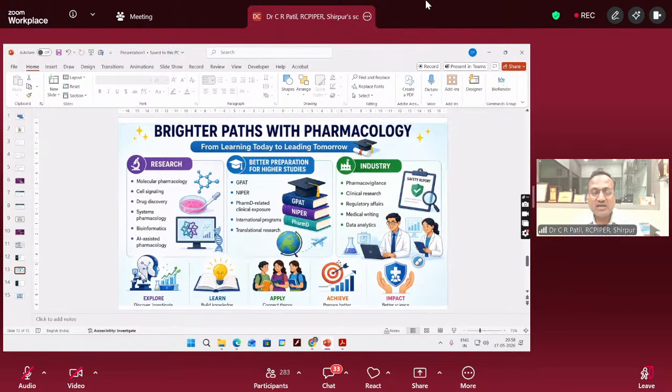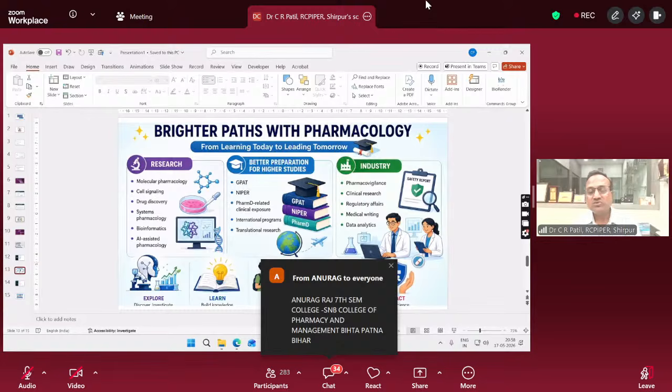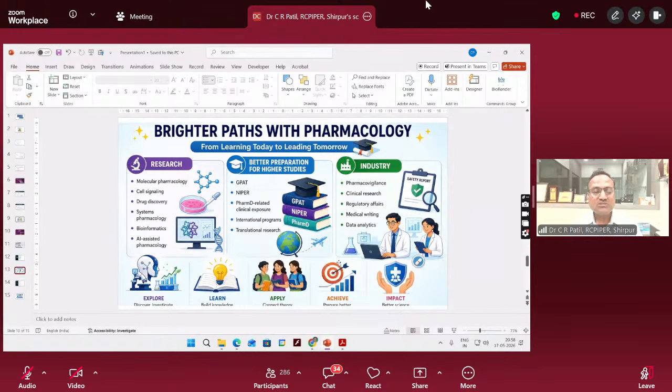Another aspect of the syllabus is that through such integrations, horizontal as well as vertical integrations, synchronization of the subjects, we are making our students more competent, more prepared to appear for different competitive exams, to participate in industry related activities, and we are trying to train them for research related activities also.